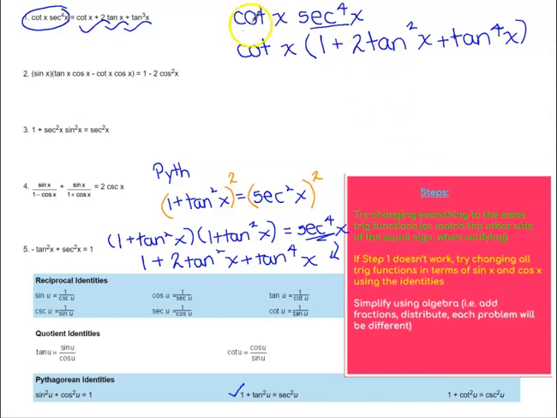So technically, we've already done the trig step. We've changed everything to the same trig function we see on the right. And then from there, this is why every problem is going to be different, you use algebra. In this case, you would distribute the cotangent to each term in the parentheses, and you're going to simplify from there.